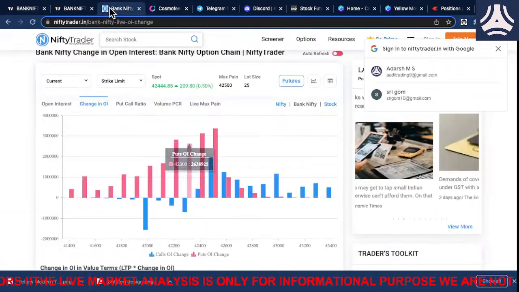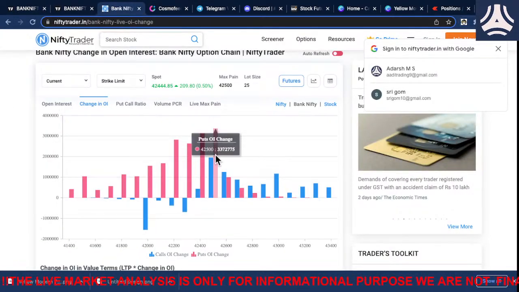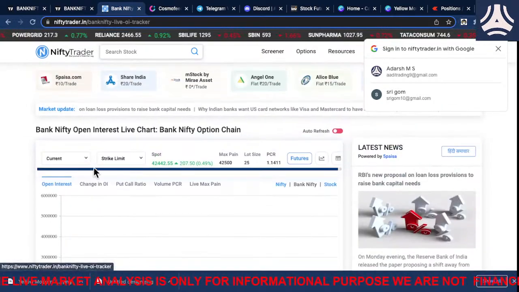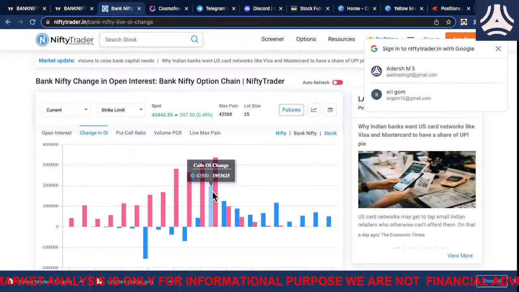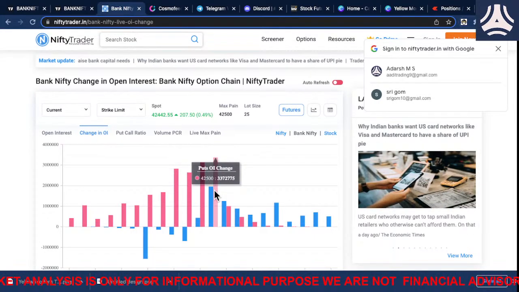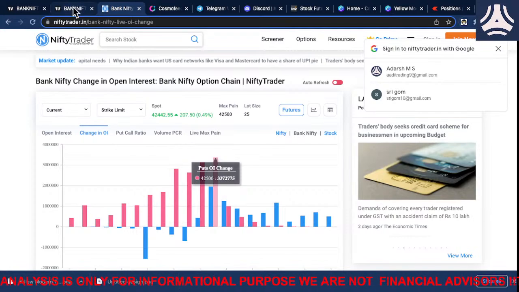So there is absolutely no change in this put writing. The calls are increasing a little bit, but the puts have not yet shown any decrease, still at 33.